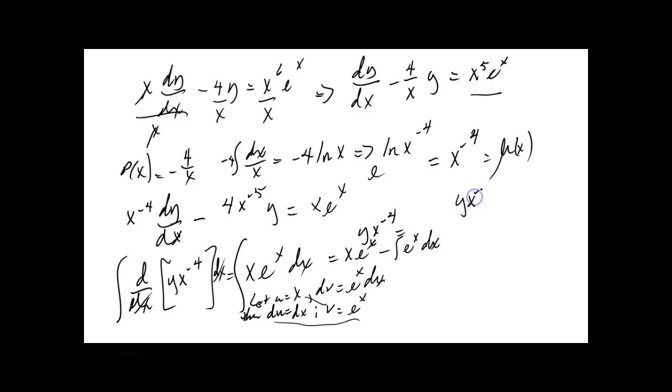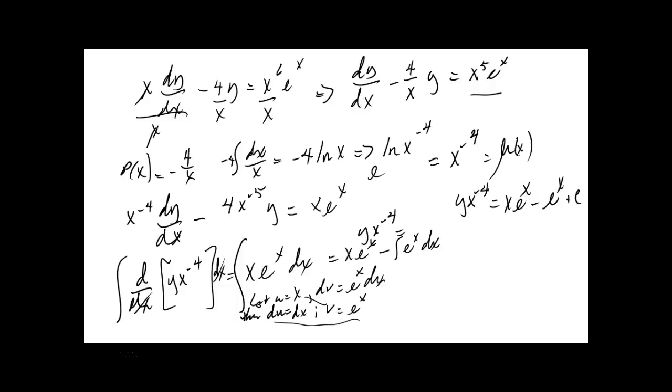Y x to the minus 4, that's what you get when you integrate a perfect derivative, is equal to x e to the x, that was the first part of this, minus e to the x, that's the second part, plus c. Now that might not be the best way to express it, but it's okay.